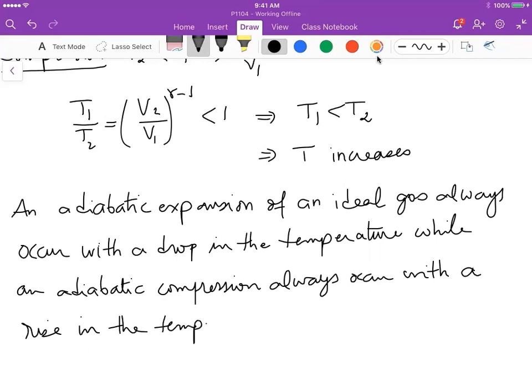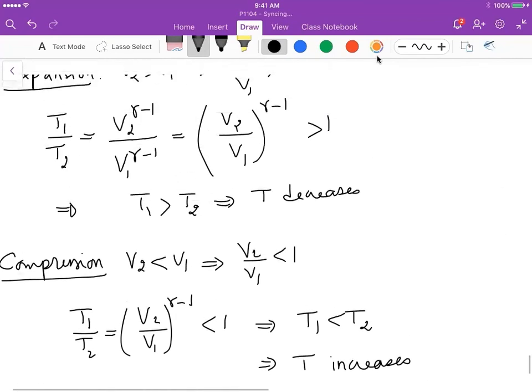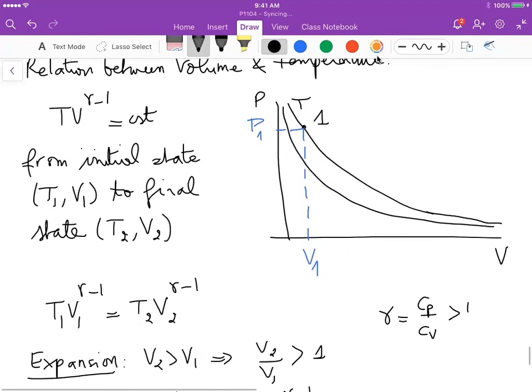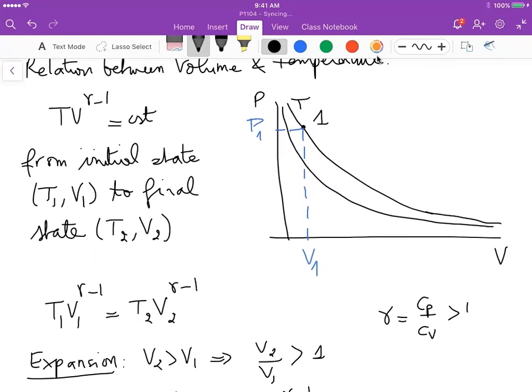And from here we can understand how to draw a curve for an adiabatic expansion or compression of an ideal gas on this curve. So let's do this together.